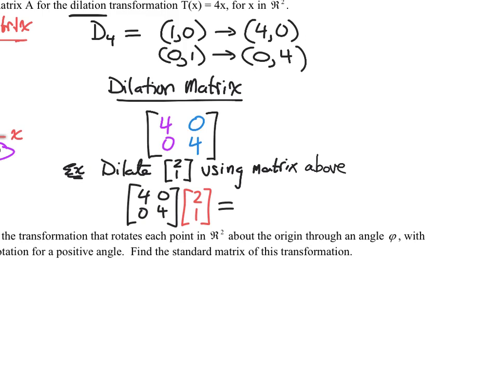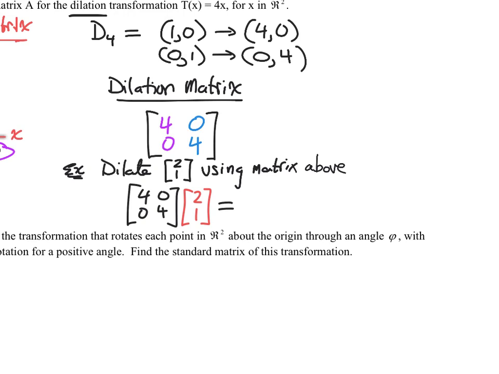Now, this is just the skill of coming up with the transformation matrix. But really, you know how to dilate 2, 1. You're just quadrupling each value. It should be 8, 4. So if you get anything other than 8, 4 when you do this calculation, then you did something wrong. You could do this calculation on your calculator. You don't have to do it by hand.